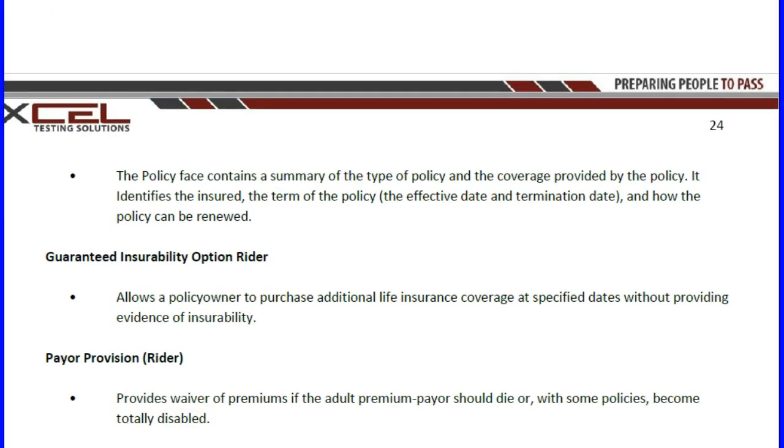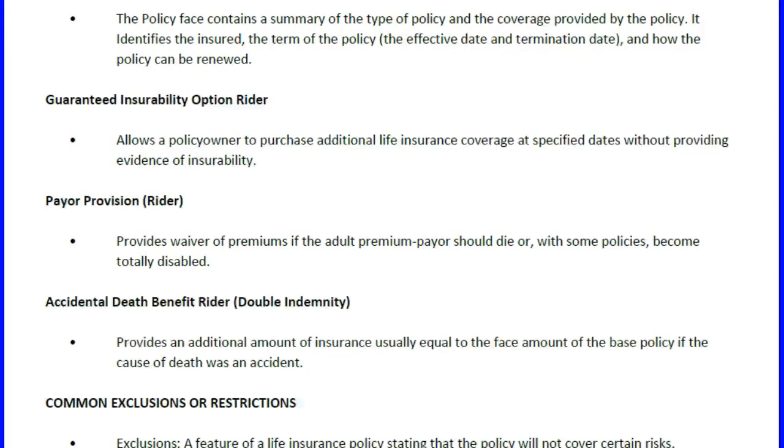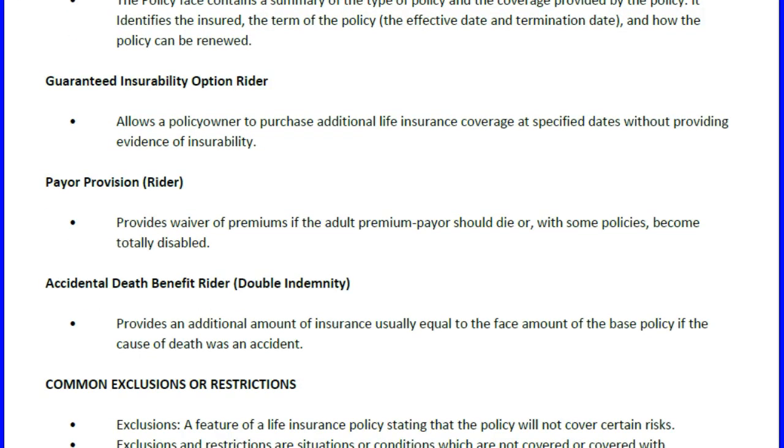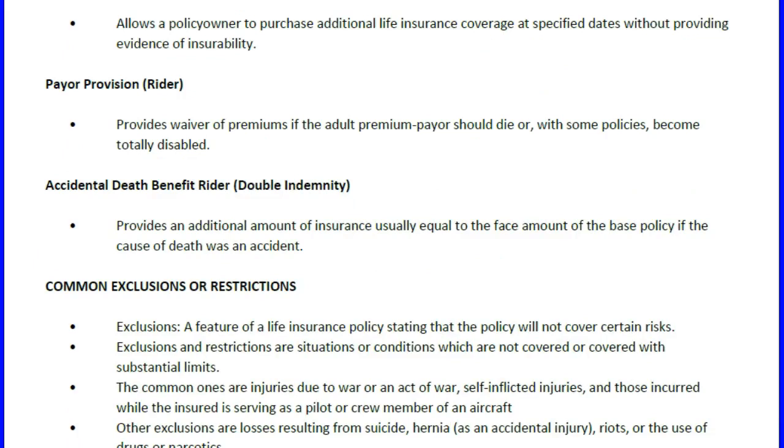And then let's continue with the guaranteed insurability option rider. It allows the policyowner to purchase additional insurance coverage without proving insurability. Payor provision, a waiver of premiums if the adult premium payer should die. Then we have accidental death benefits.